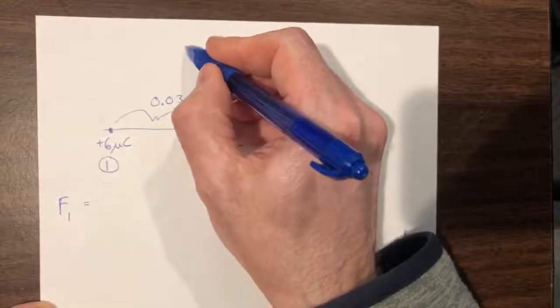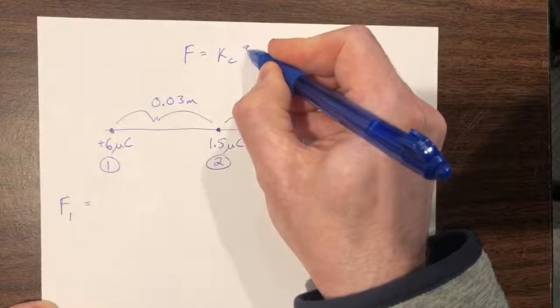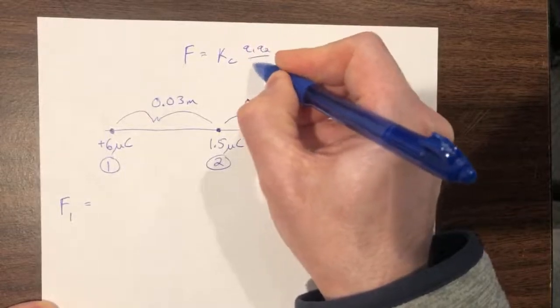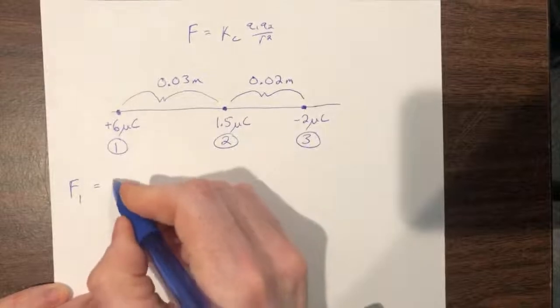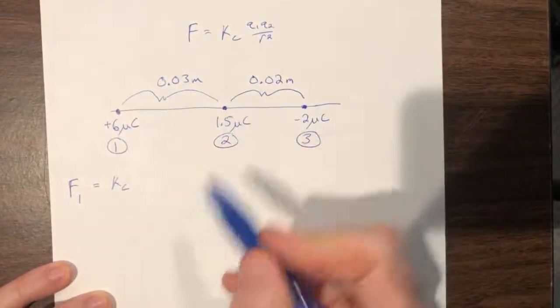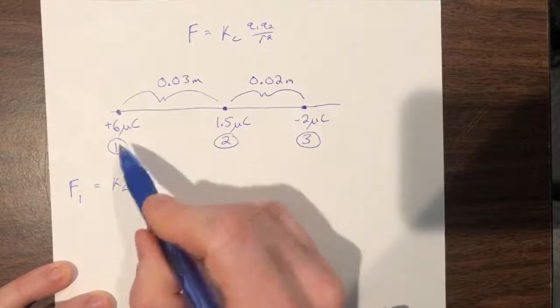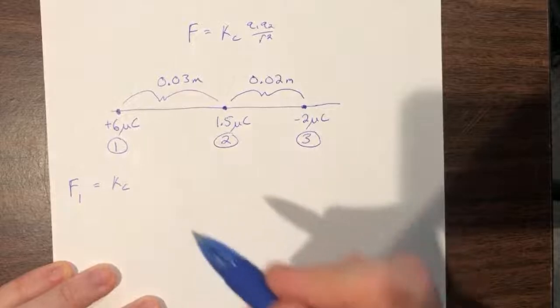That's going to be the equation for all of them. So that's going to be Kc, which is going to be Q1, Q2 over R squared.